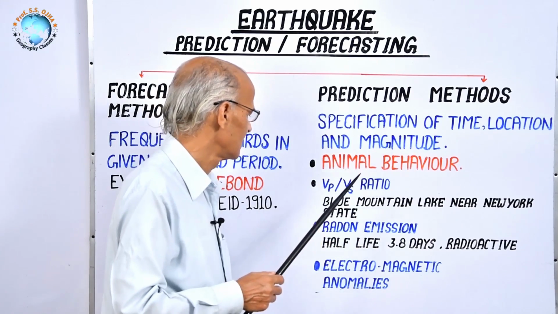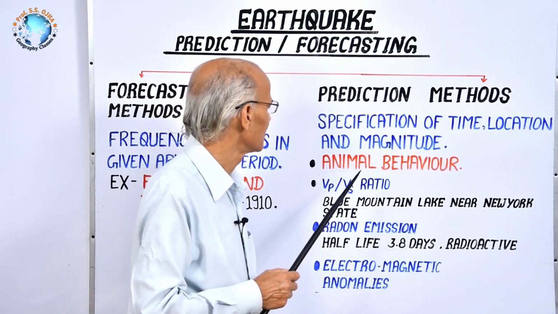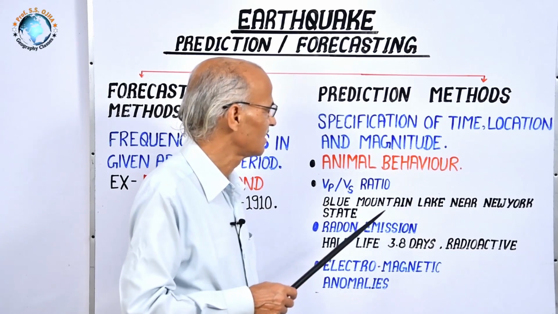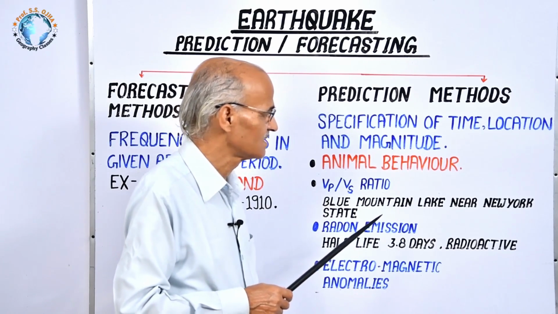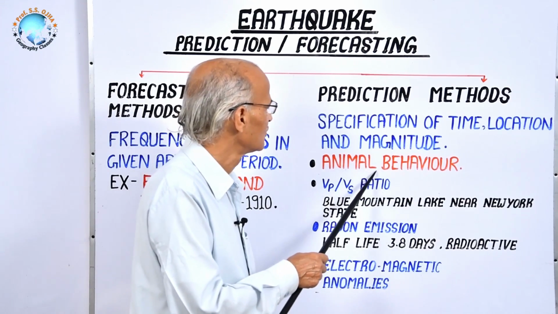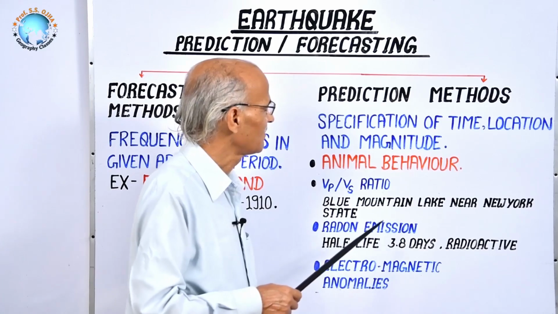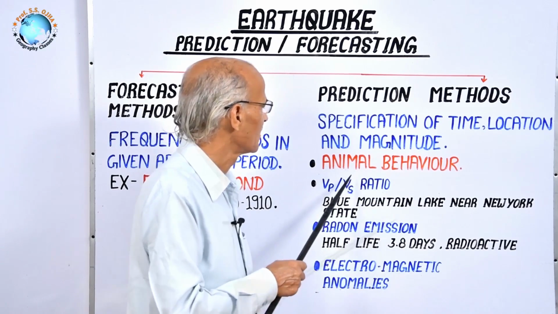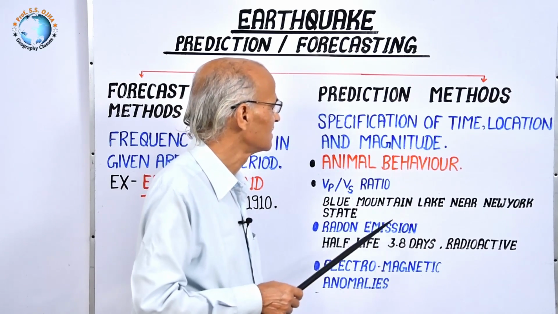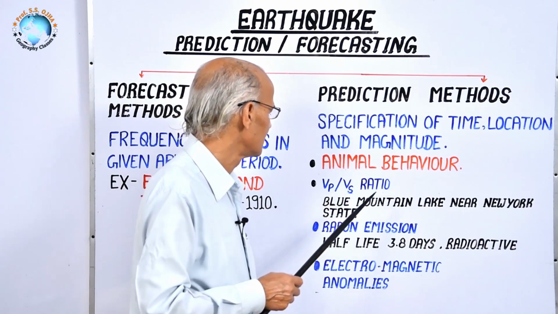In prediction, there are a number of methods. Number one, animal behavior. As we have studied, some animals like dog, rat and snake show unique behavior, so we can predict earthquake on the basis of their activity.